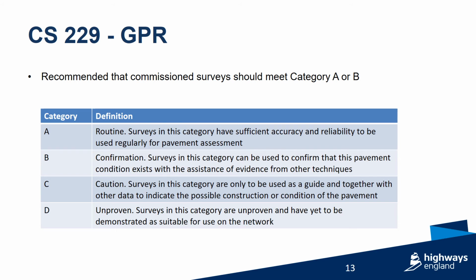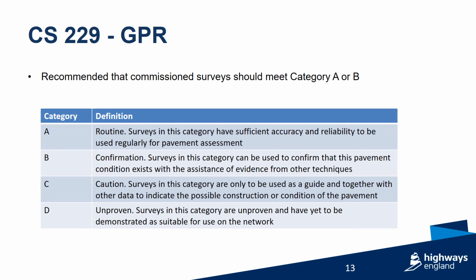There are 4 categories for commissioning ground-penetrating radar surveys to ensure the accuracy and reliability of the data. Data in Category A surveys can be used regularly in pavement assessment. Data in Category B surveys is suitable for confirmation of evidence gained from other survey techniques.